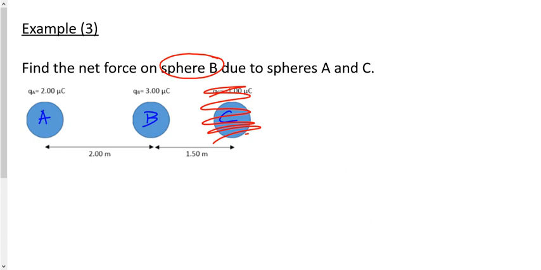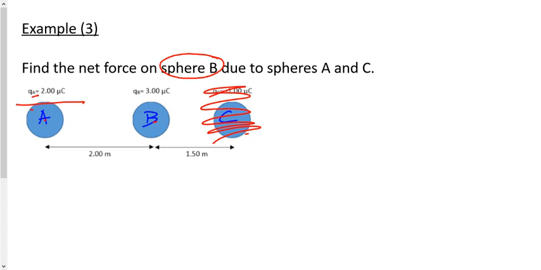Well, somebody said it was repulsive. Why is it repulsive? Yeah, because they're positive charges, right? Positive and positive repel each other. That means that A and B are going to push each other apart like this, right? If this is A and this is B, then A ends up going to the left and B ends up going to the right.